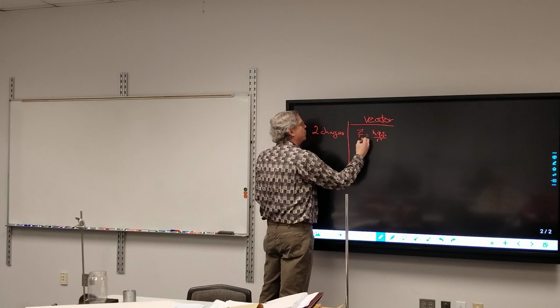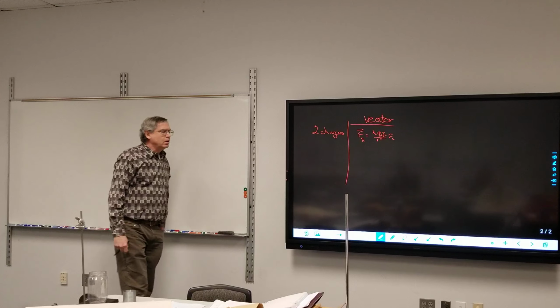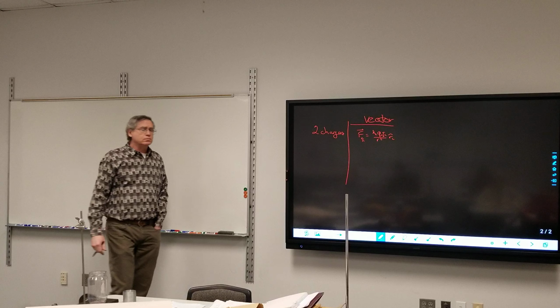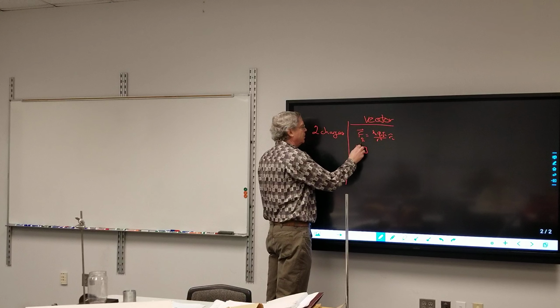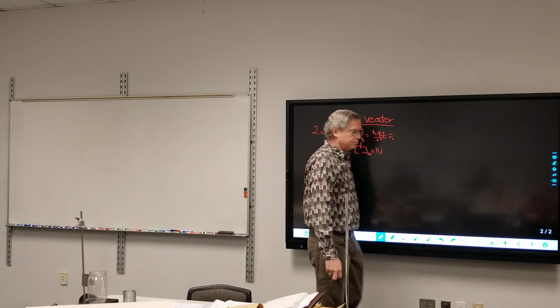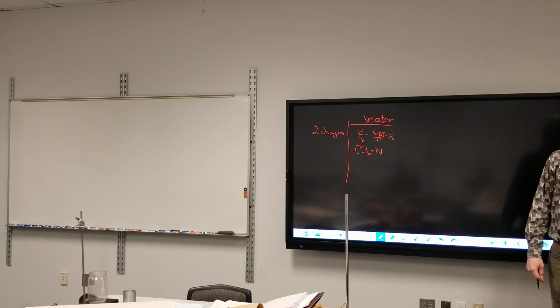This is the force on one from two, R hat. We have units of newtons, the SI unit, I should say, is the newton. The fact that the unit of force is a newton, I'm hoping it's not a shock to any of you.